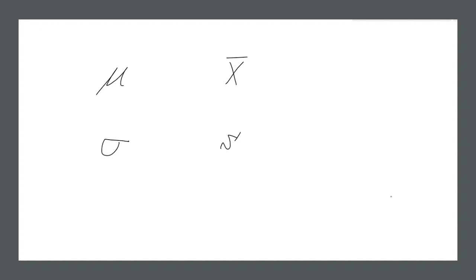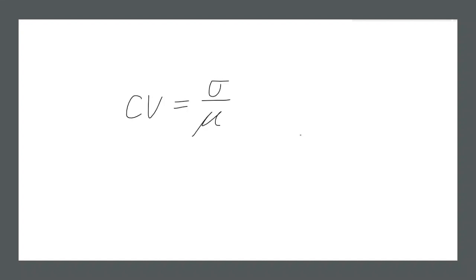What the coefficient of variation is, sometimes just called CV, is the standard deviation divided by the mean value. Sometimes it's presented just like that, as one value divided by the other. Sometimes it's presented as a percentage, so you would multiply it by 100%.